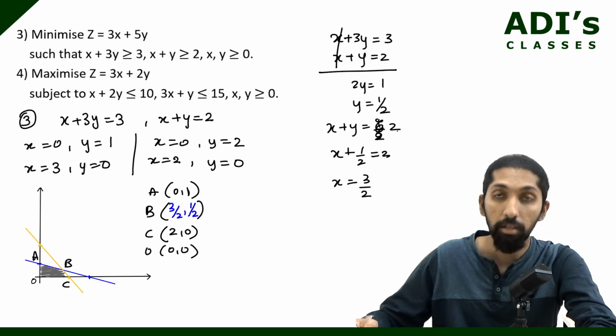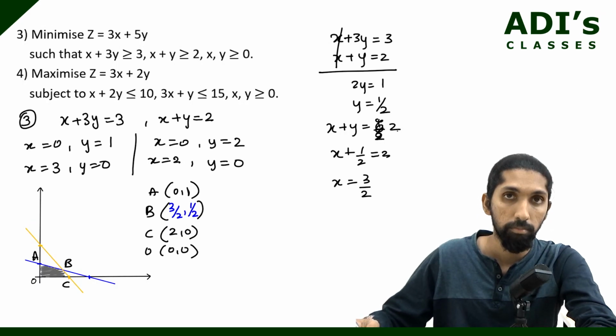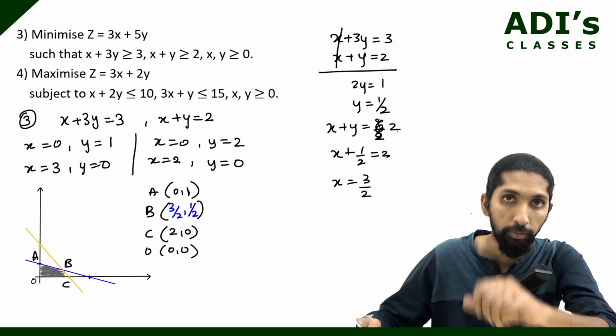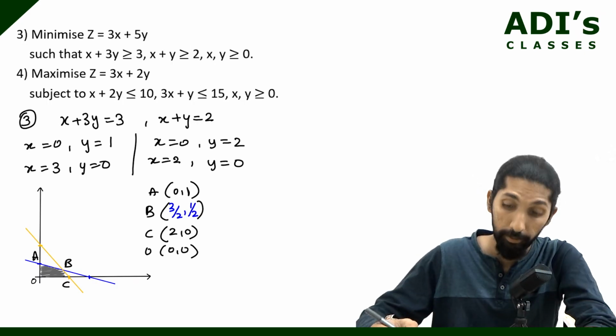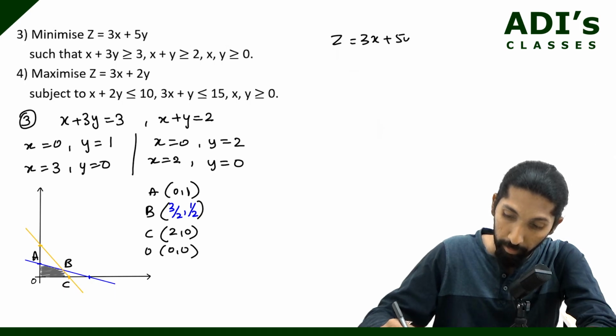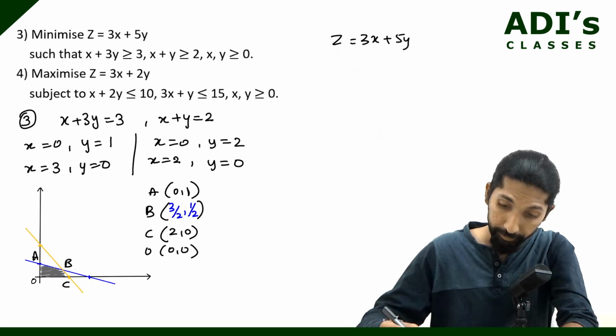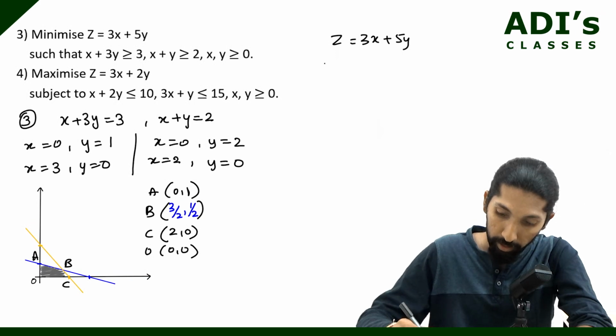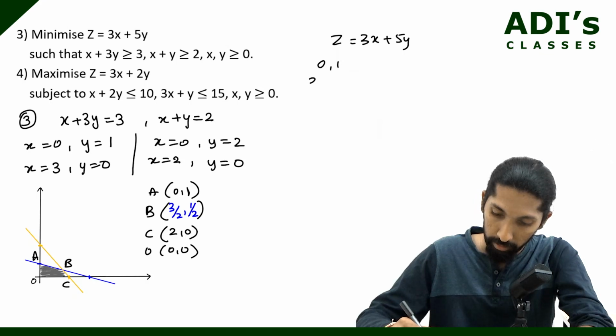Now let's do the objective function, all right? So what do we have? Z is equal to 3x plus 5y. Remember, we are minimizing this, isn't it? So my first point, 0, comma 1. Next one, 3 by 2, comma 1 by 2.